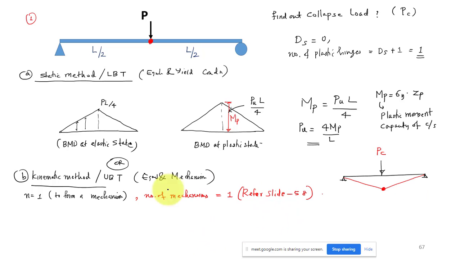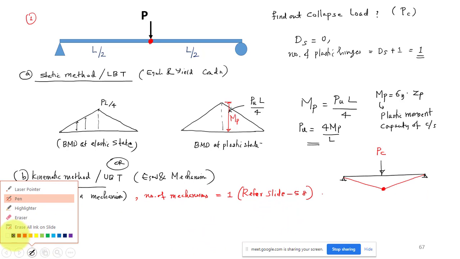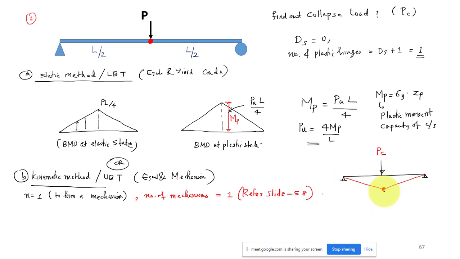Once the mechanism has formed, it will be like a rigid bar, just straight. Let us say this angle is theta. Because this load is at the center, this angle and this angle will be the same, theta. And this length will be L by 2, and this is L by 2.